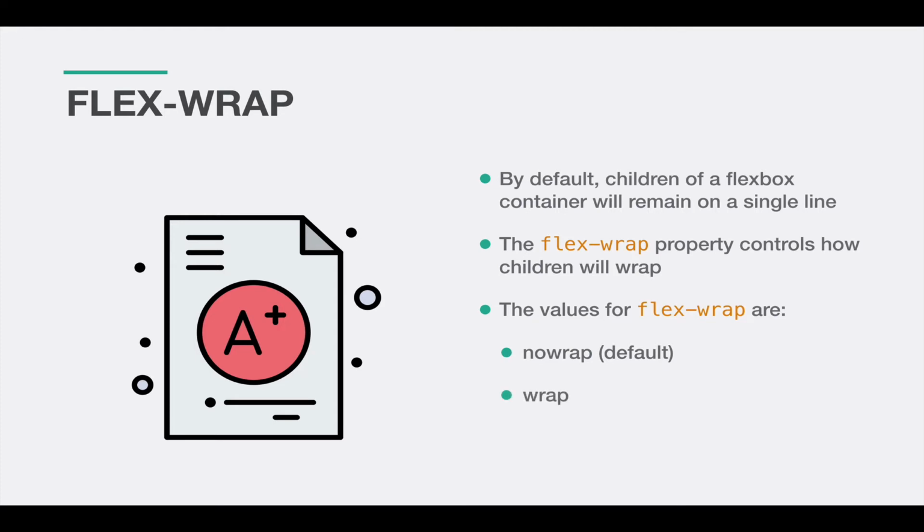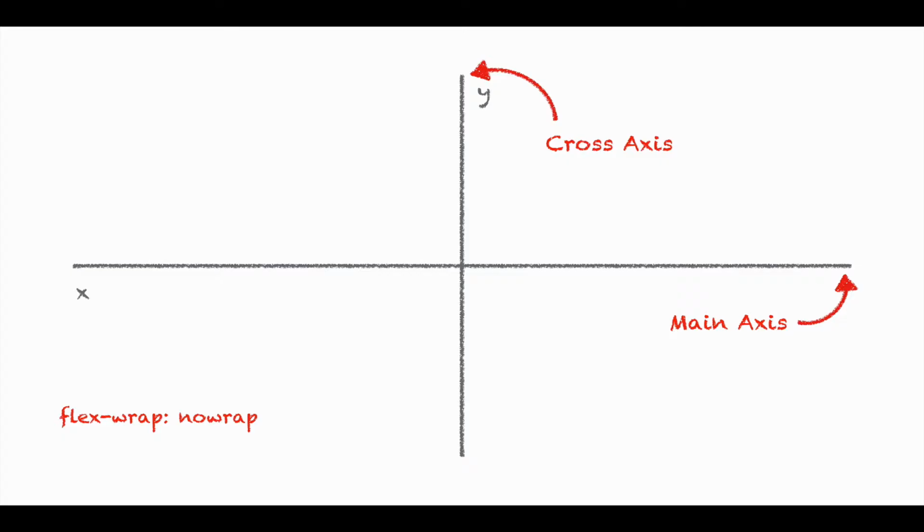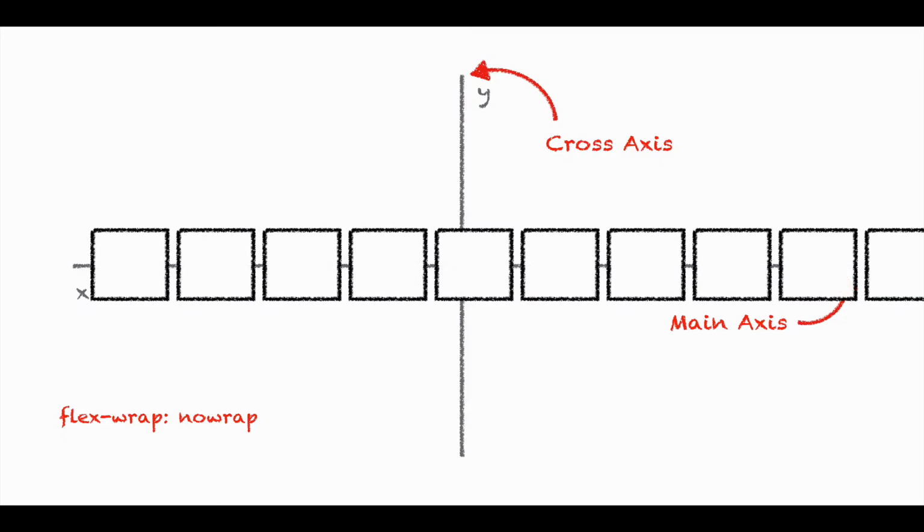And then we have wrap, which will cause it to wrap. And then we have wrap-reverse, which reverses the order in which the children will wrap. It's like row-reverse, and they're wrapping it. A little weird. So here's an example. This is with nowrap. You can see that the children just shoot outside the parent and just keep going.